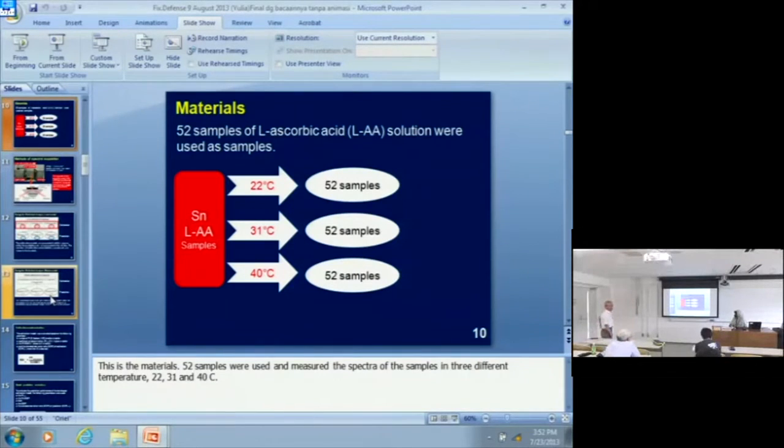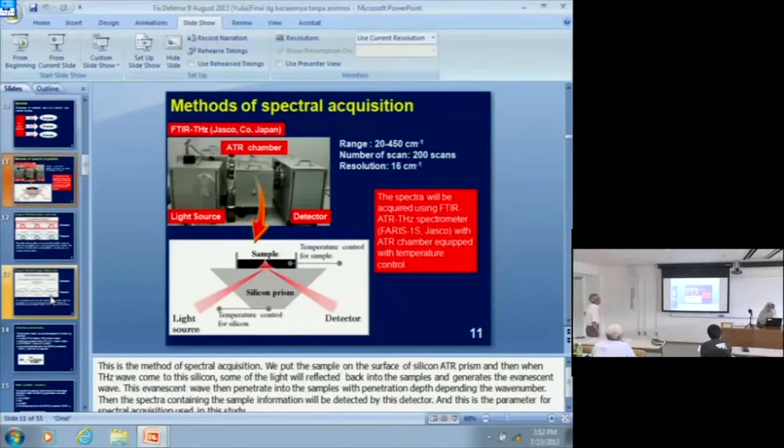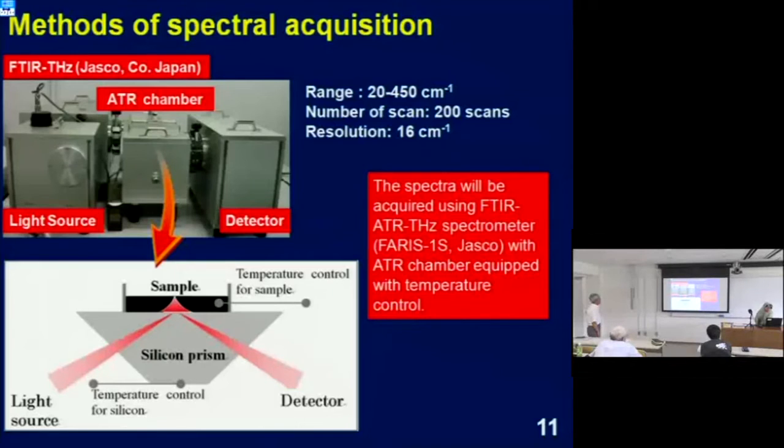Anything else? Next page. The red box on the right, all the information is also in the figure.